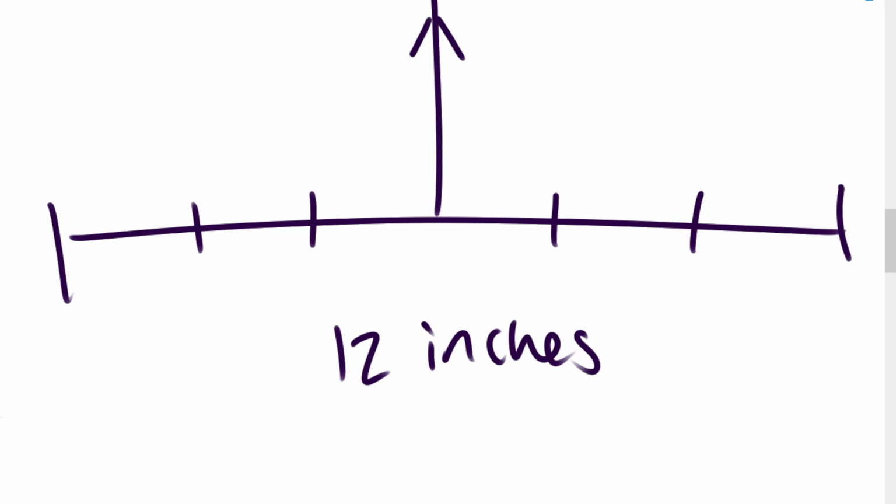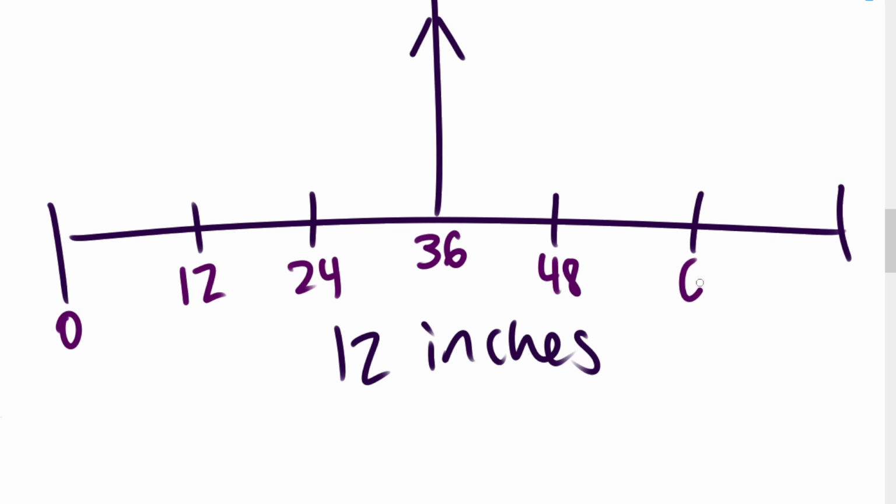And let's say these sidewalks are labeled with what feet they're at. So let's say we're at the 36 marker. This would be the 24th marker. This would be the 12th marker, and this would be 0. And this would be the 48. This would be the 60. This would be the 72.